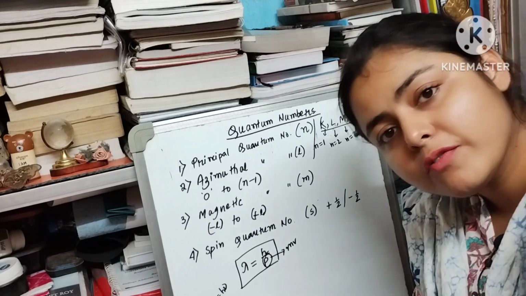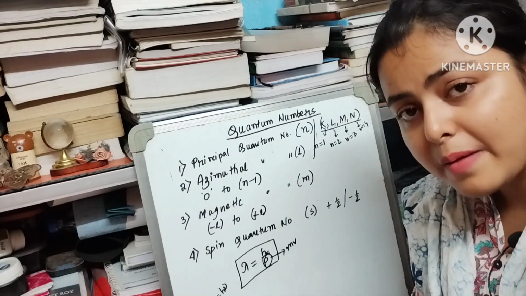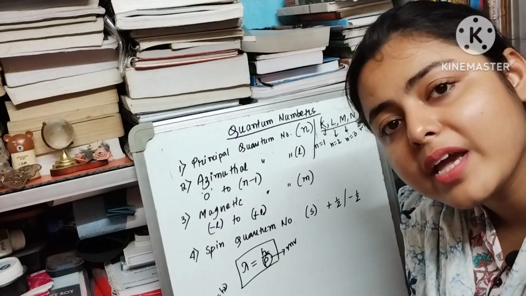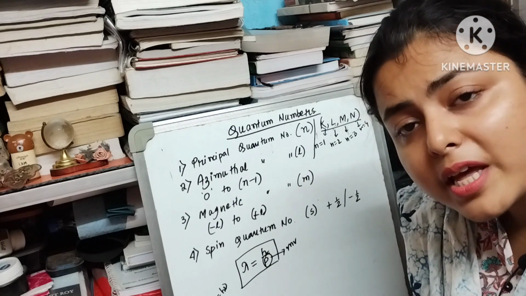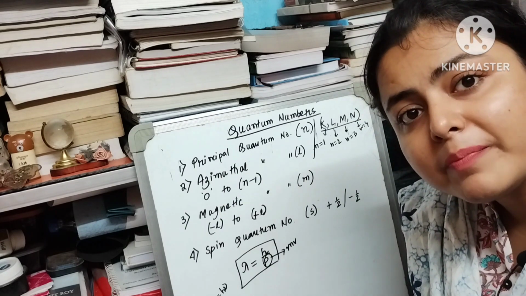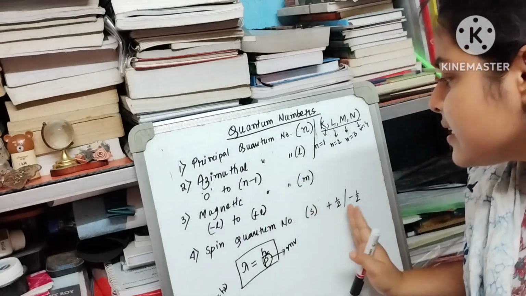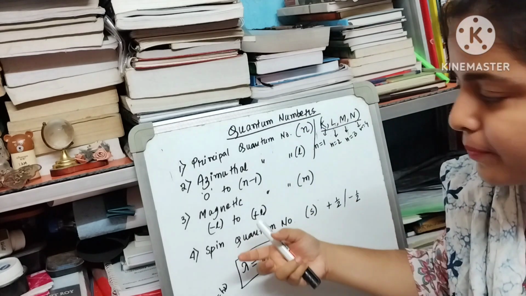We have to take both the wave nature and the particle nature at the same time. But in the case of macroscopic particles like us, we only have to take our particle nature, because if you calculate our wave equation, the value will be too negligible to consider. Clear? So all these things come from quantum mechanical calculations.